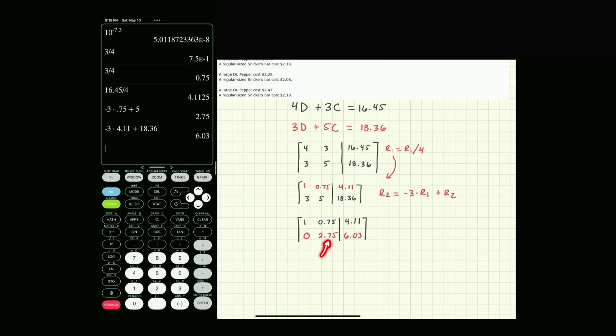Now we want our 1 here, and remember, if we want a 1, we're just going to divide the entire row by the number that's sitting in the place where we want the 1. So row 2 is changing. We're going to change it by dividing by 2.75.